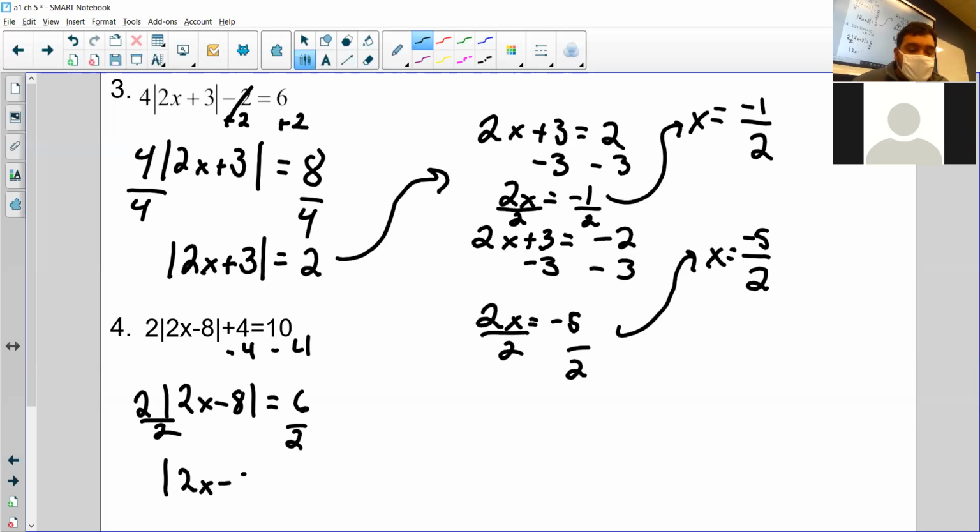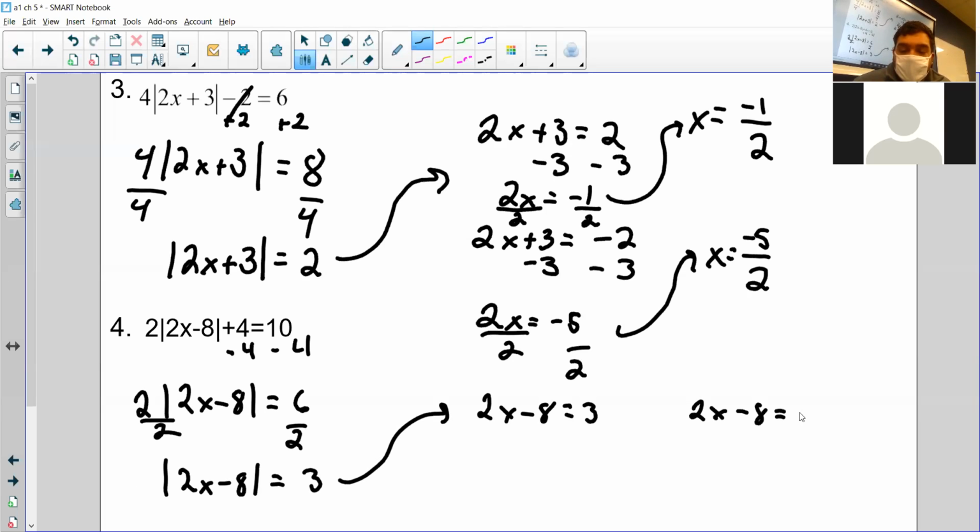All right, from the talking, guys, I'm going to assume we did it. So you have 2x minus 8 equals positive 3, and 2x minus 8 equals negative 3. Plus 8 on both sides. So 2x equals 11, divided by 2 on both sides.